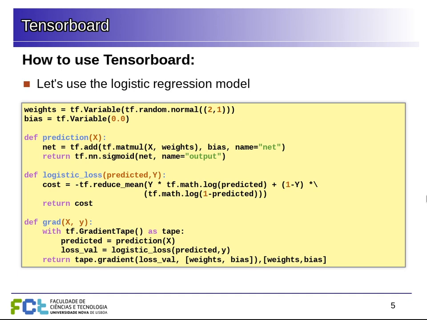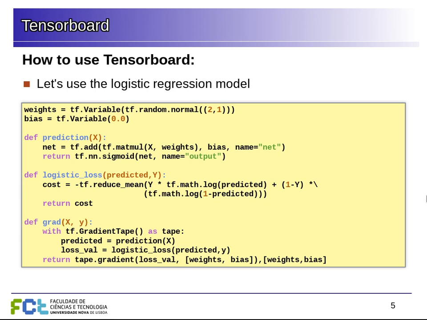Note that I'm assuming that the input is a tensor here, so I'm not converting things into tensors. This must come as a tensor for this to work. I am creating here the logistic loss, which takes the predicted value, so the output of the neuron, and a tensor with the labels, and I compute the mean.